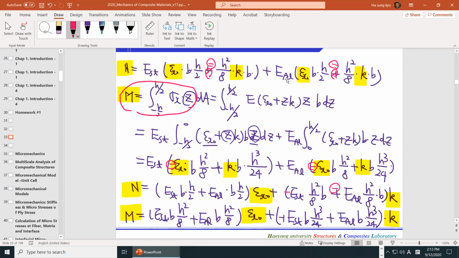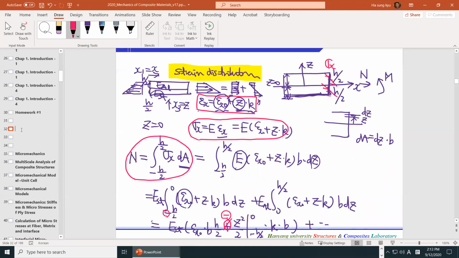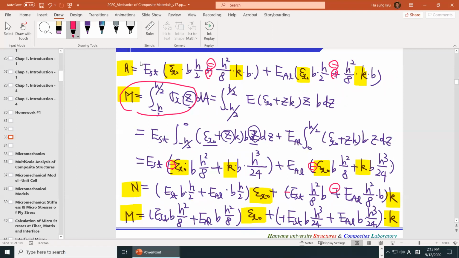And this is a minus, but this is not the minus, right? This one integrate, and this and plus and plus, right? This is the plus. Sorry, this has to be a plus.